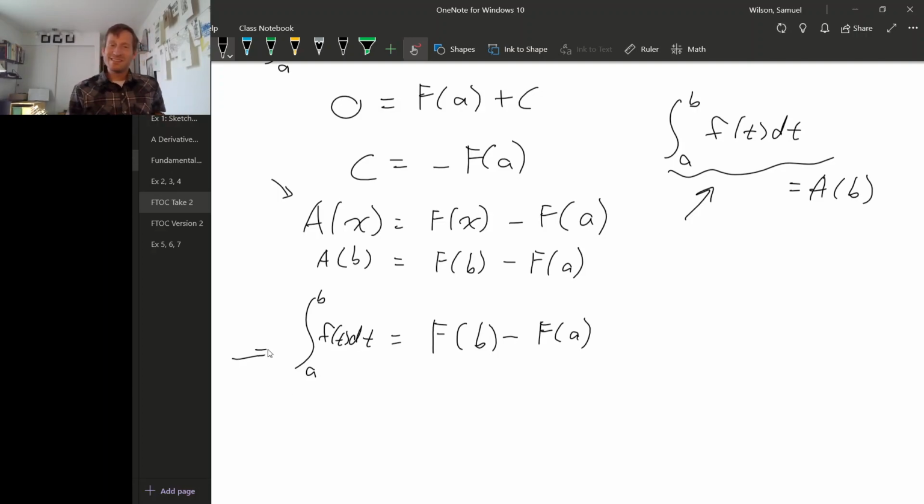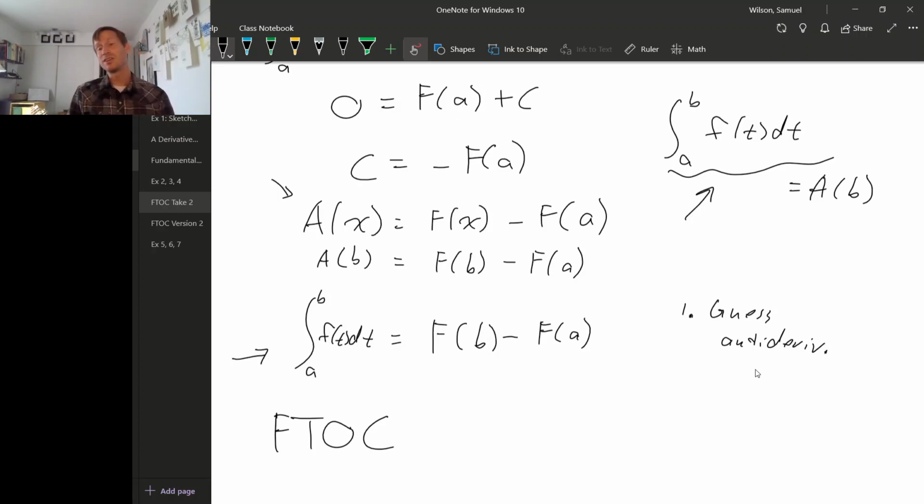So this is another version of the fundamental theorem of calculus. And this gives us a way to evaluate definite integrals. It says that all you have to do is, step 1 to evaluating a definite integral, guess an antiderivative. We have so much experience calculating derivatives that a lot of the time we can just correctly guess an antiderivative.